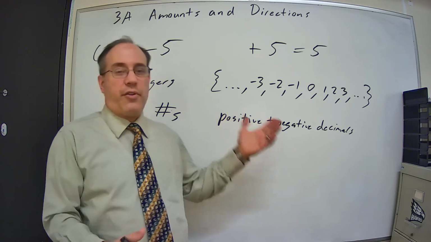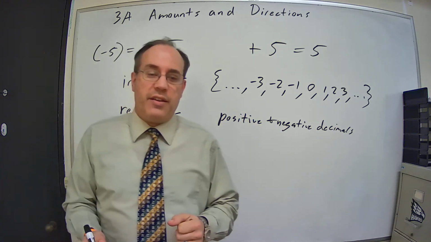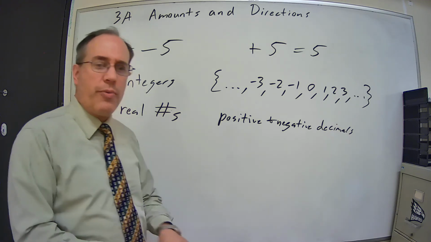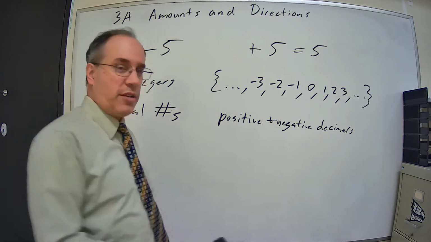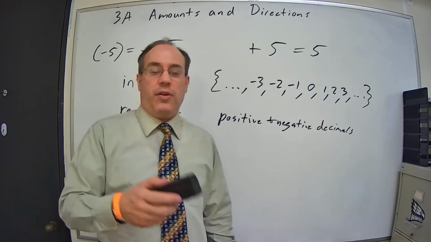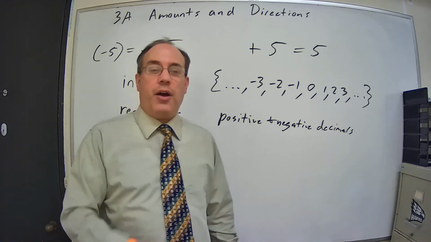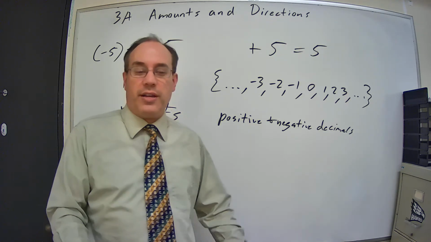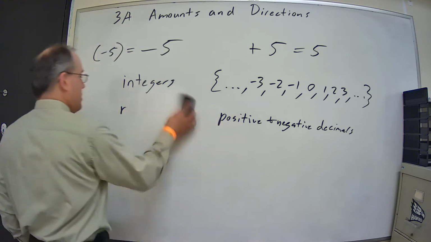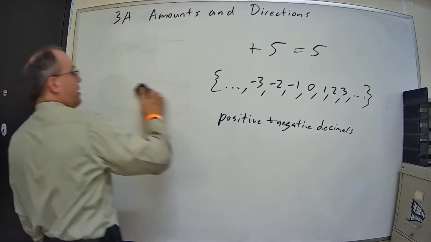And of course, 0 is part of that. So we could kind of group these and show a relationship between them. If you remember, we talked about natural numbers, whole numbers, integers, and decimals, or now we're going to say real numbers because they can be plus or minus. So let's show a relation between these.